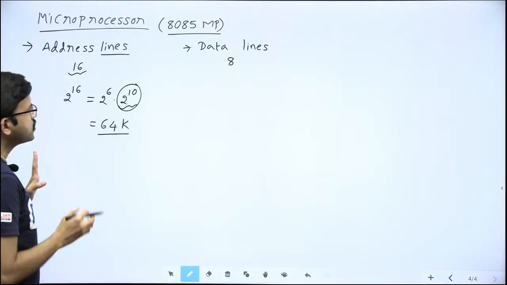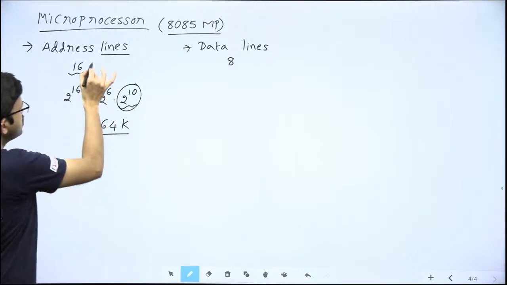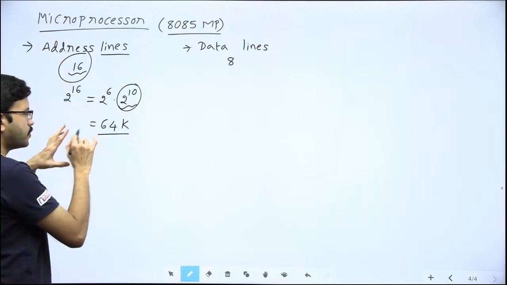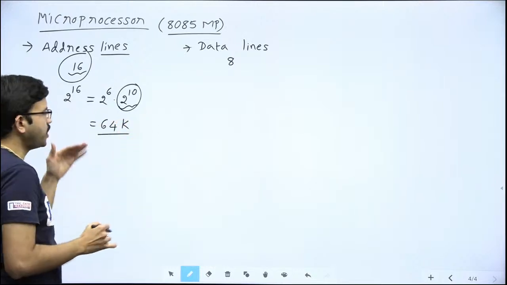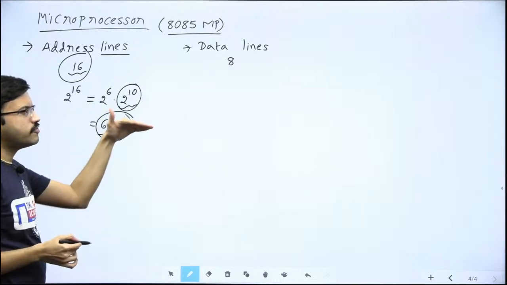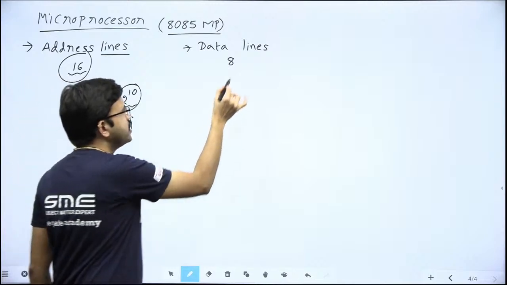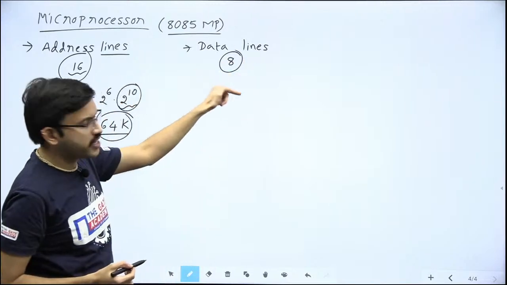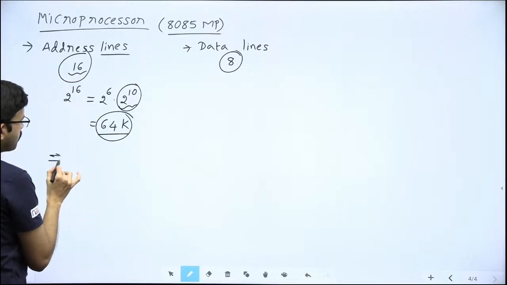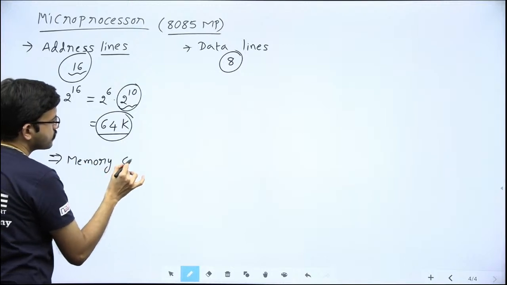Say, if you are interfacing one memory device to the microprocessor, since we have 16 address lines, it can identify 64K locations, and in each location you can store 8-bit data. So now you can write the memory capacity of the 8085 microprocessor.